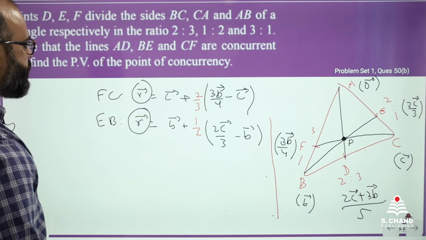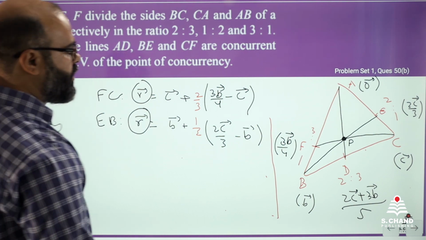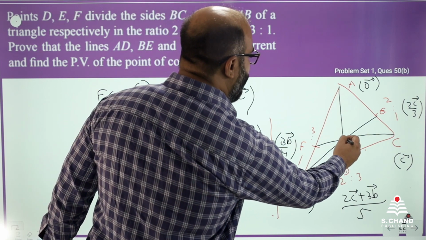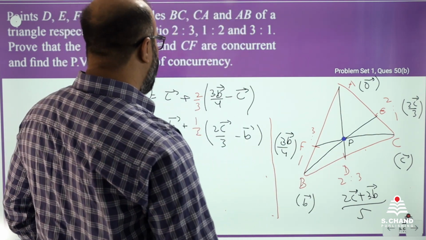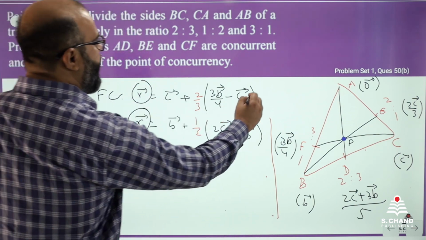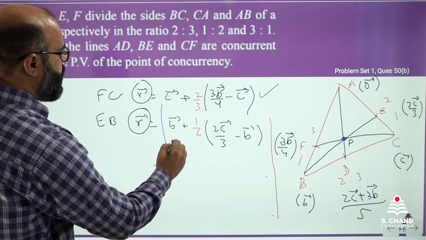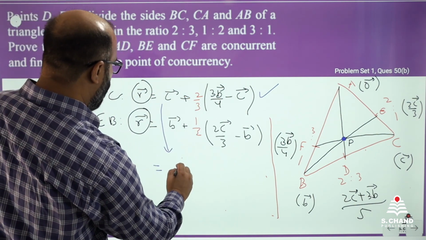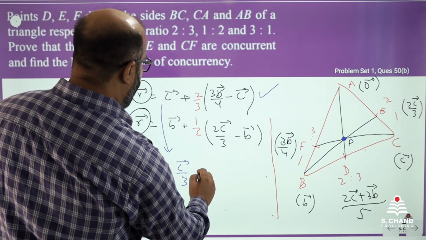Now we have to check for the third line, which is AD. So is this a point of concurrency? If this is a point of concurrency, then solving either of these lines, the position vector we get is C minus 2C by 3, which is C by 3, plus B by 2.